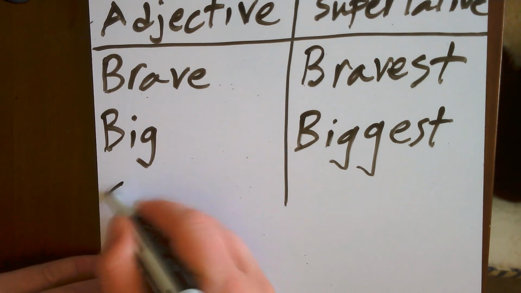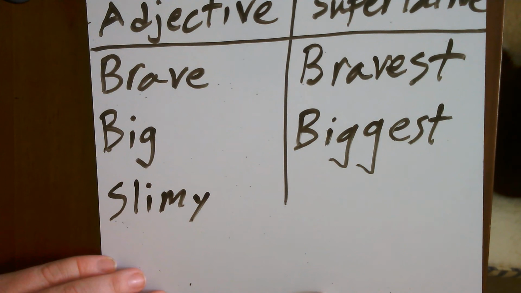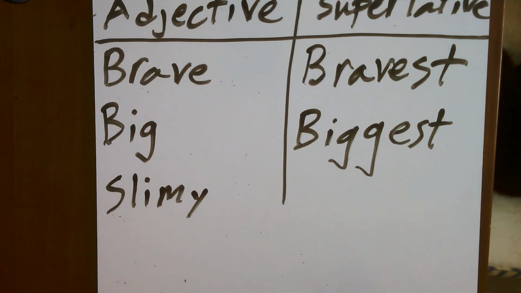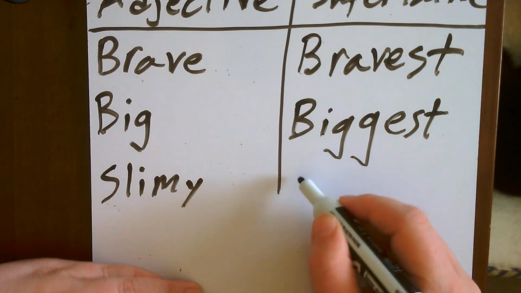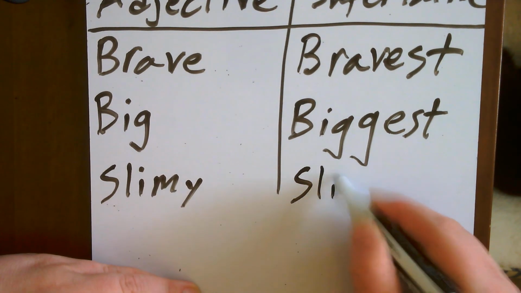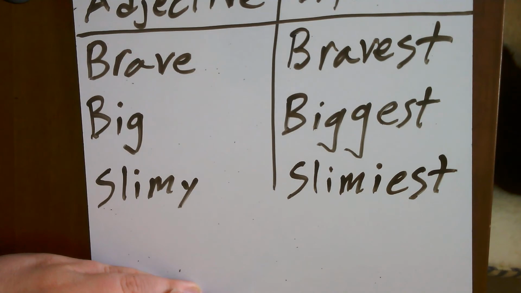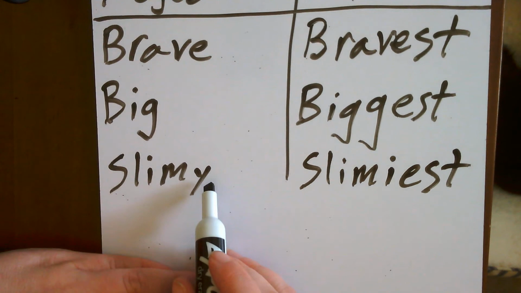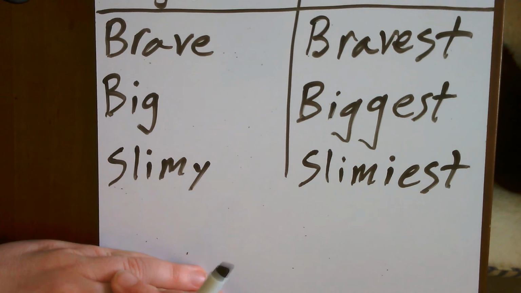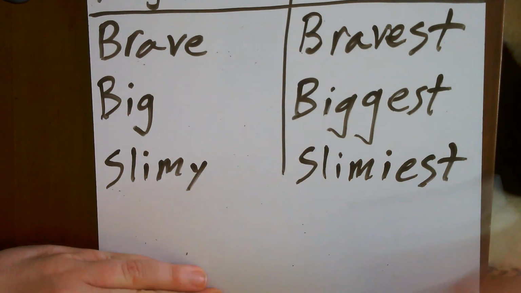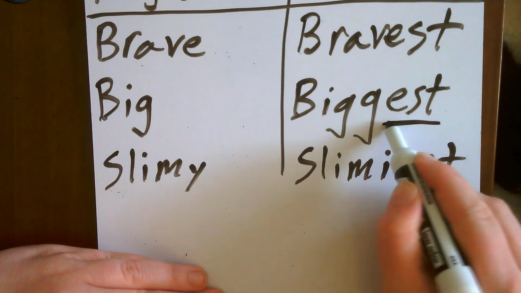Something is slimy. If you have 3 things of slime, the one that has the most would be the slimiest. Did you notice I took our Y off and traded it out with an I? Okay? Slimiest. So, for comparative, we have ER. For superlative, we have EST.